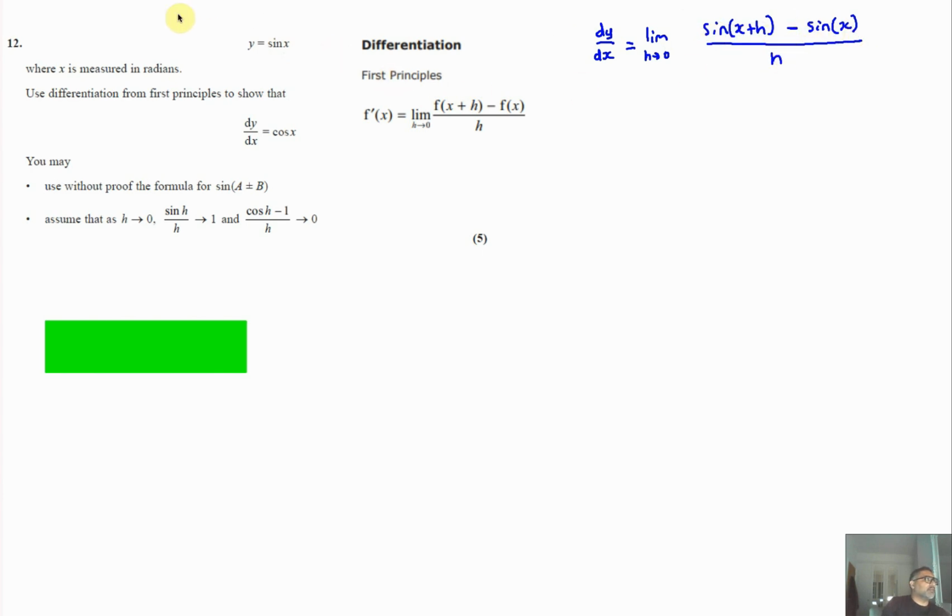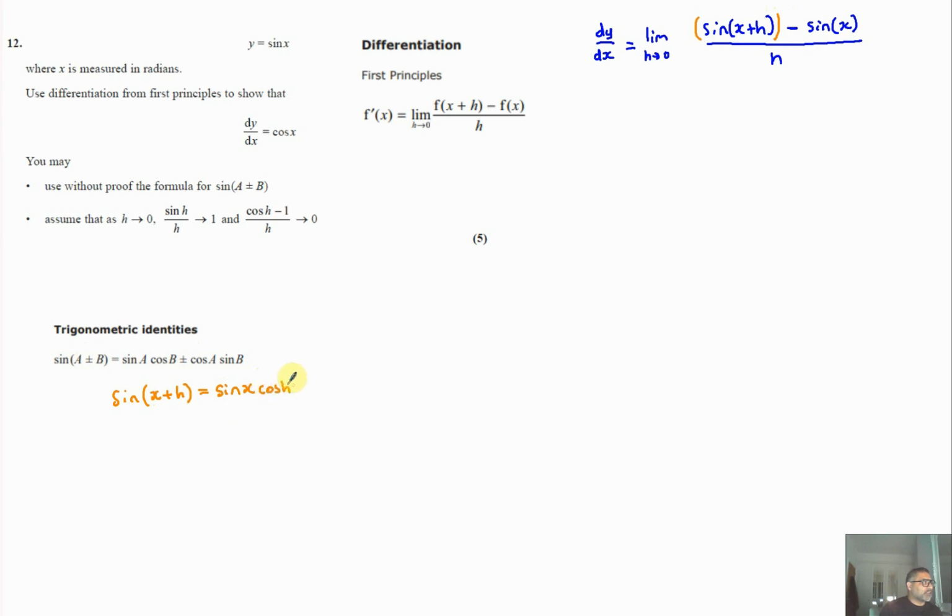Now they've given you a fair bit of information here. They've said you may use without proof the formula for sine of a plus b, and again that's given to you in your formula booklet. So if we expand this bit out, I'm just going to do that in orange over here. Sine of x plus h, following the way that's written, is going to be sine x cos h plus cos x sine h.